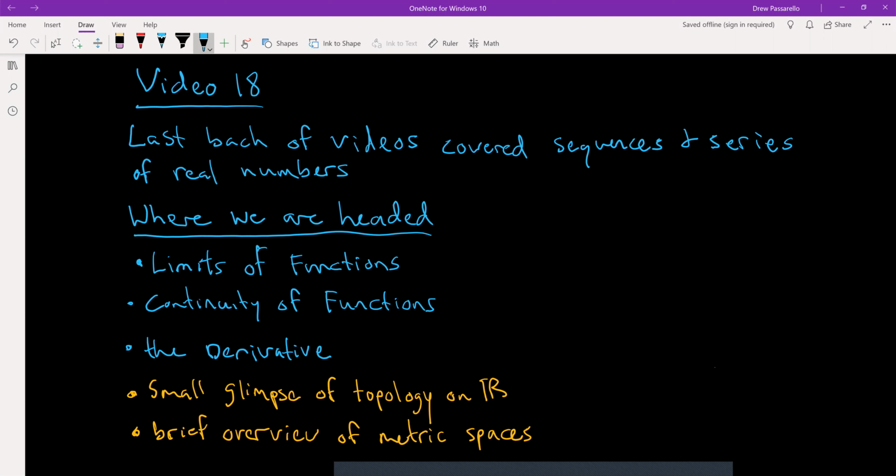I think we'll first cover the limits, continuity of functions from how we are familiar with them from calculus course, and the derivative before we go into topology, where we try to generalize things, and then go into metric spaces. So a lot of these proofs apply for those as well.